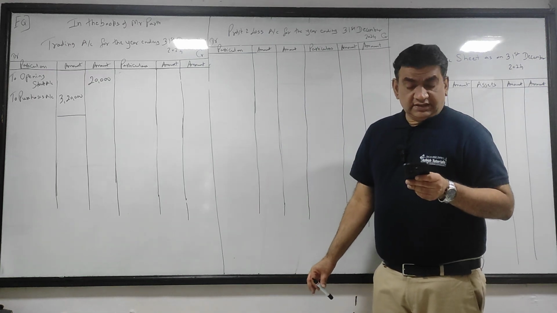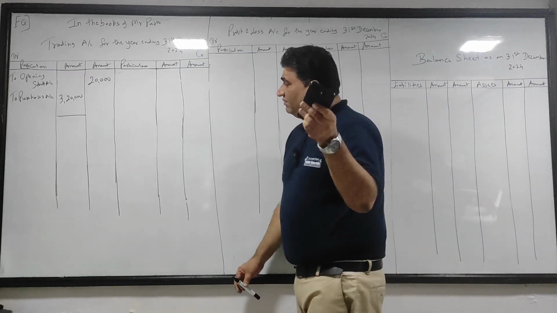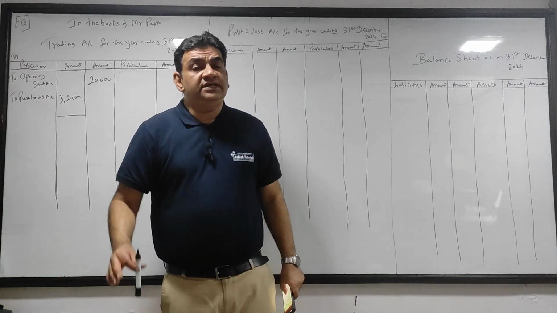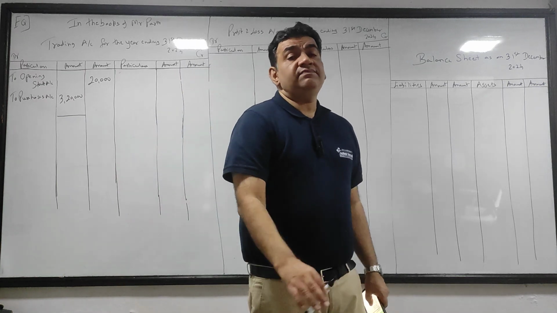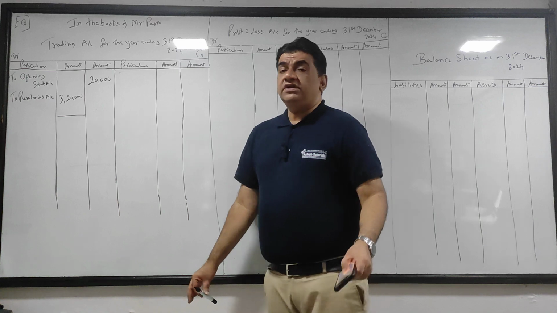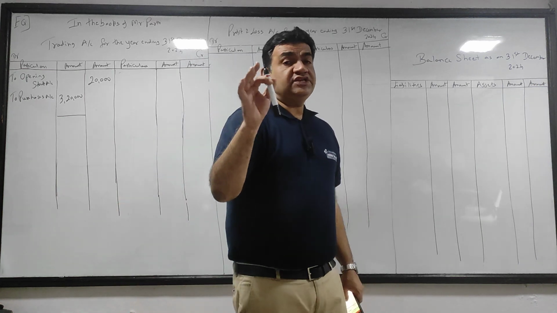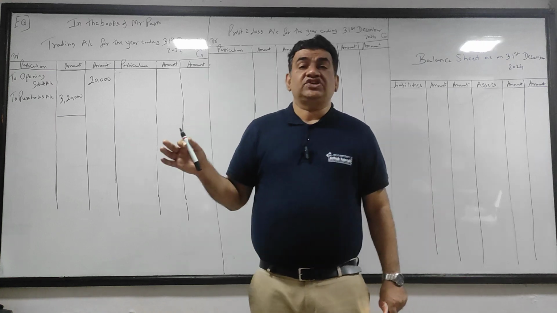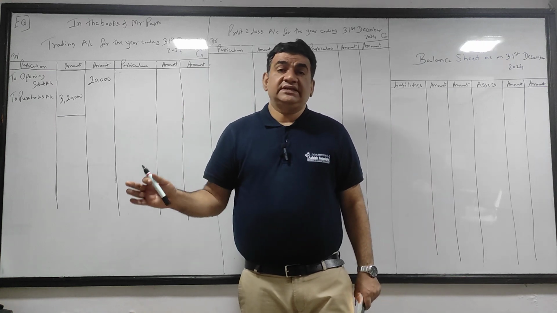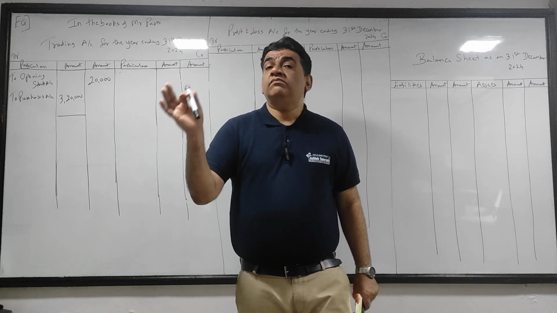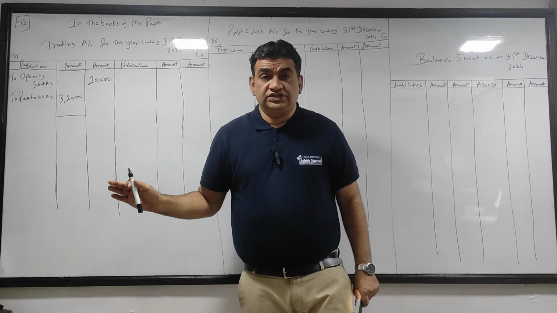Okay. Next, wages. We have discussed in the earlier two sessions. Wages means the salary paid to the workers who are working for producing the goods. Any expenses which are direct in nature. Direct in nature means directly related to purchase or production of goods.